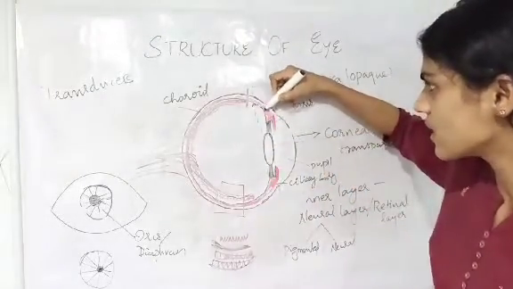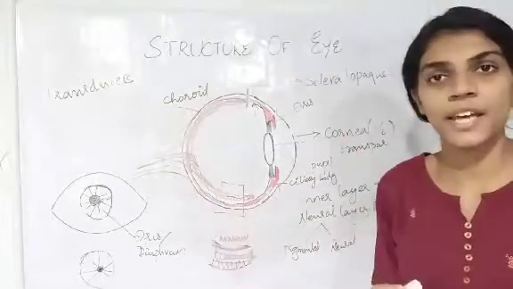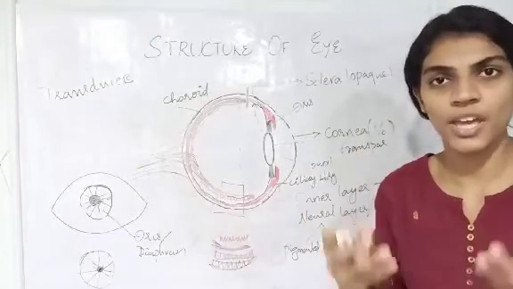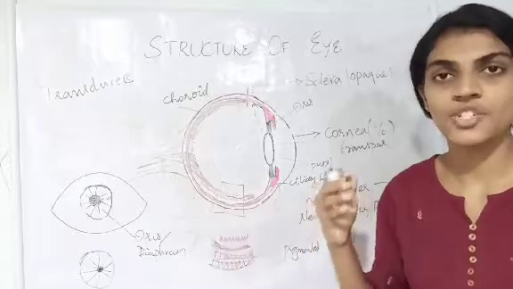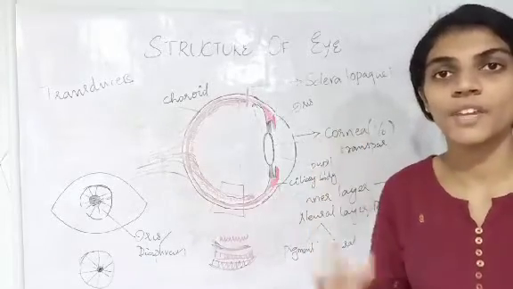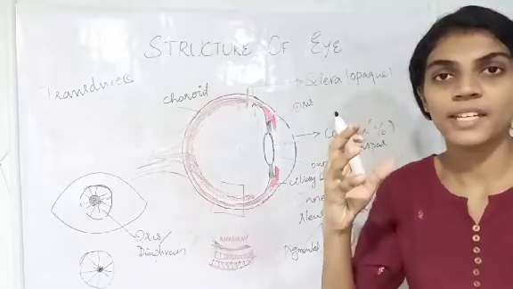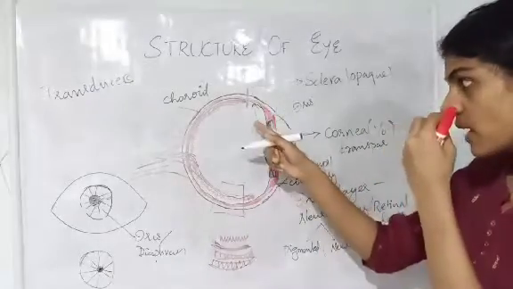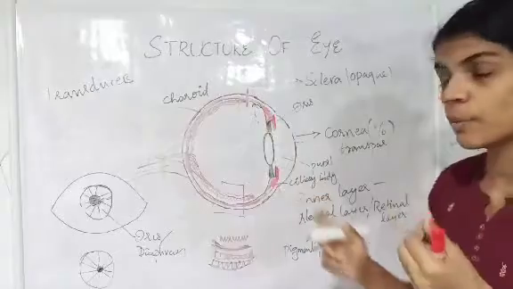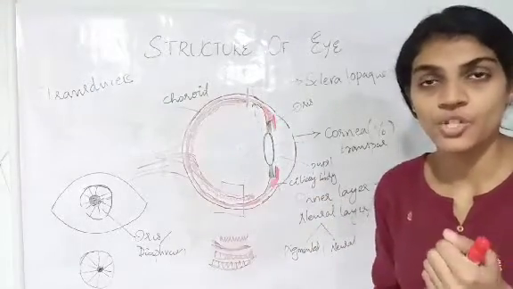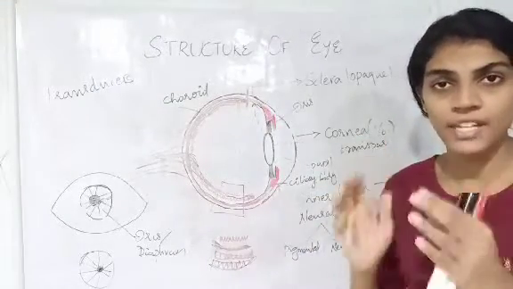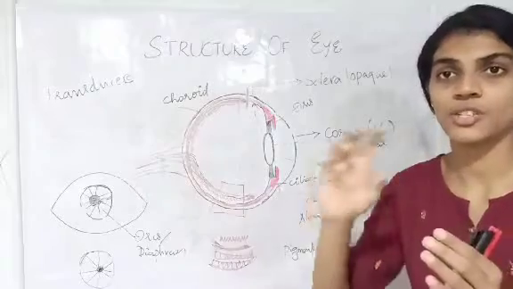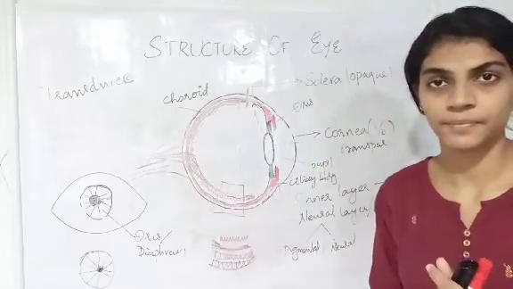If the light rays strike the pigmented layer, we cannot see it. If it strikes the retina, that light is converted into vision. If it strikes the pigmented layer, it is of no use. So that is the function of the lens. The lens directs the light rays onto the retina.